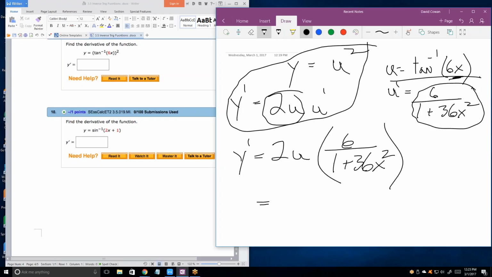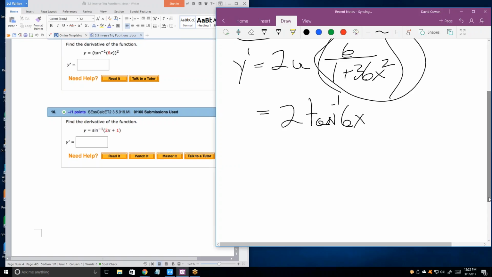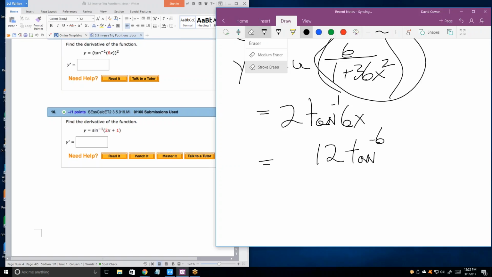Well, u is this. So it's 2 times inverse tan of 6x all times that.